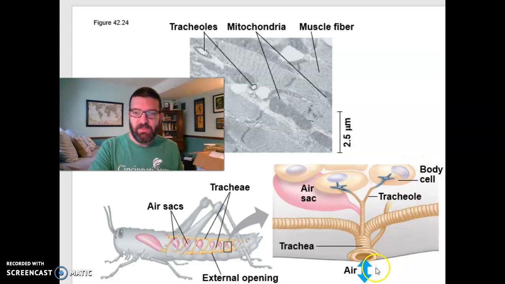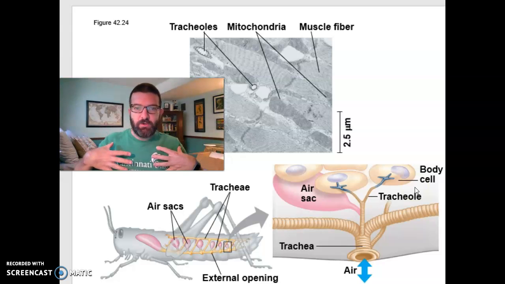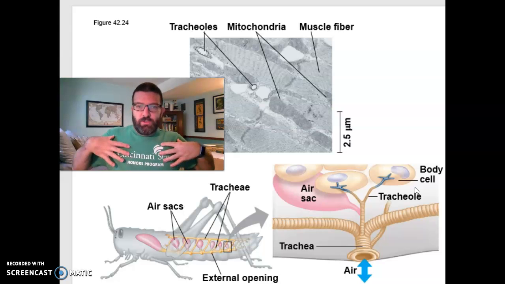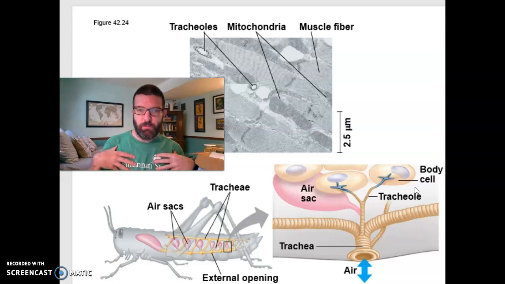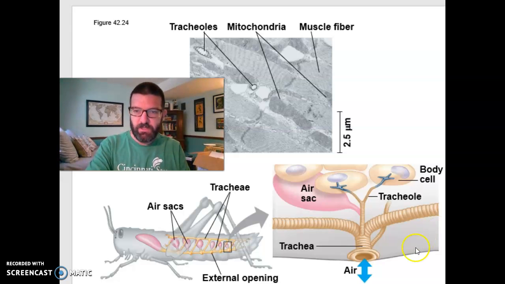It's really wild. And they can ventilate these tubes by expanding and contracting their body. If they expand, just like the way we expand our thoracic cavity, it creates a vacuum inside them and sucks air in, and then they compress their whole body. And then they're able to suck air in and out, and again, take it directly to the cells. It's a wildly different way to go about this.